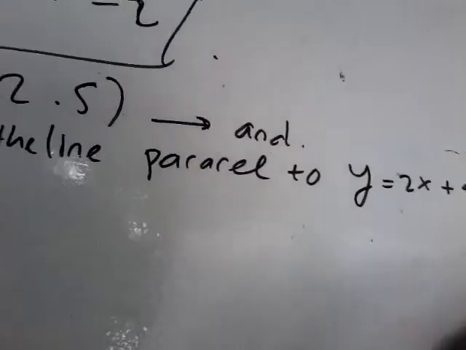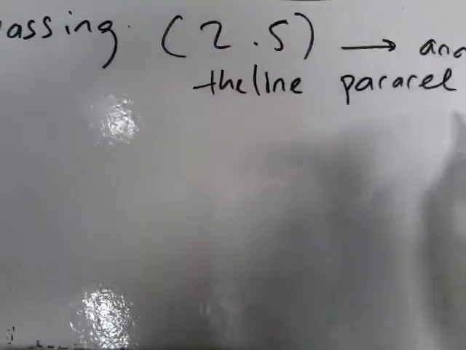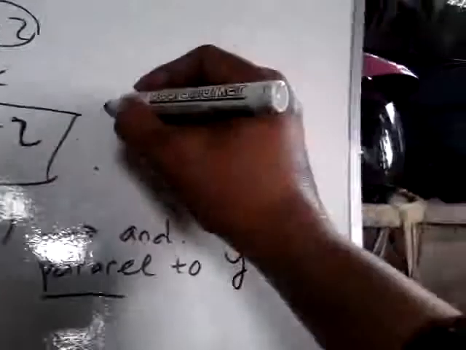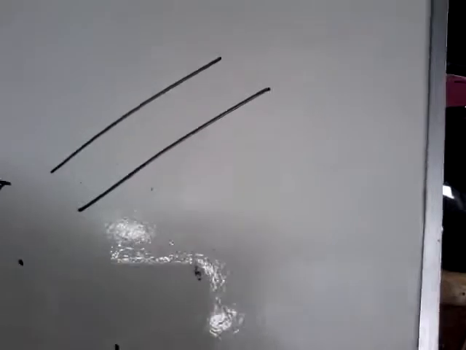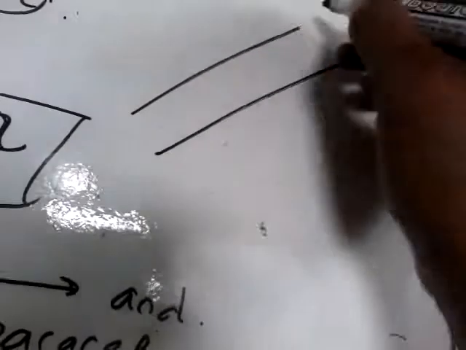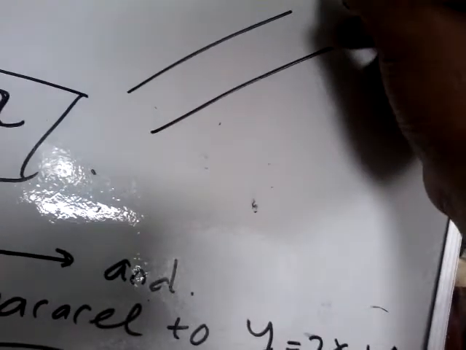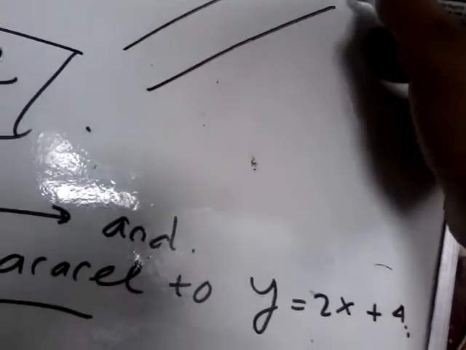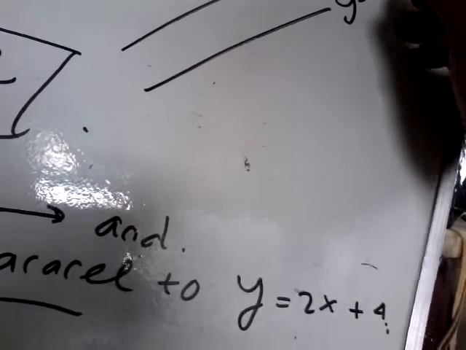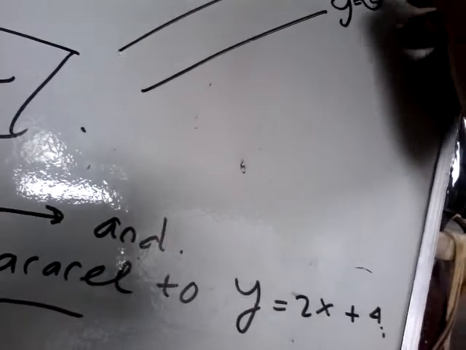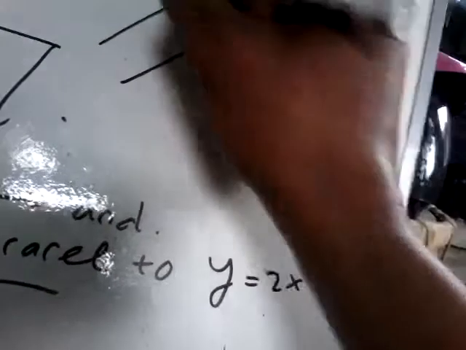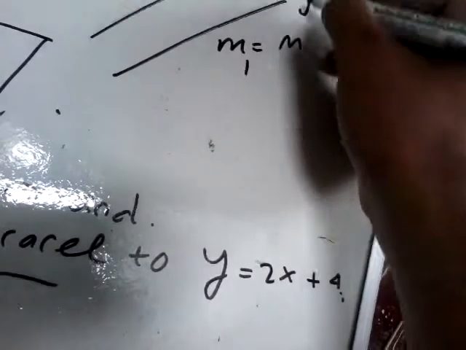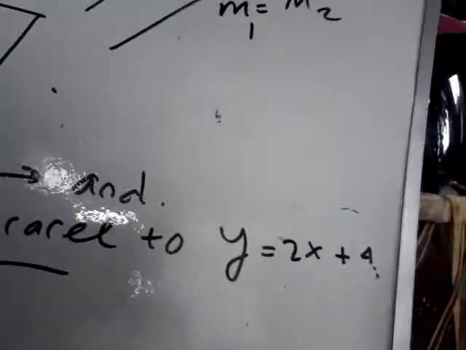All you have to do is, because this line is parallel, like this. If there is a line like y equals 2x plus 3, this one should have the same gradient. It's also 2. So parallel lines have the same gradient.